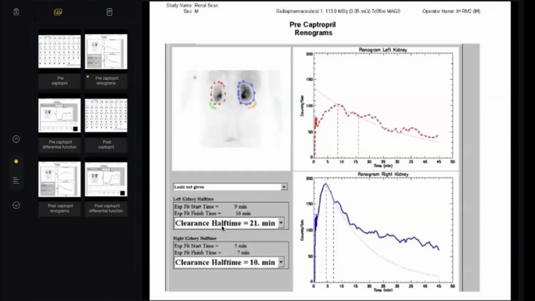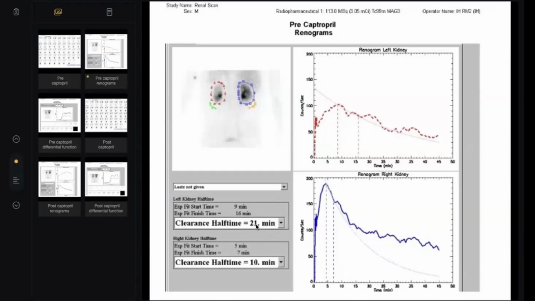Tell us the clearance half time in the left. How many minutes? 21. And in the right one, how many minutes? 10 minutes only. So which one is poorer in function? Which one takes more time to excrete the same amount, the left or the right?